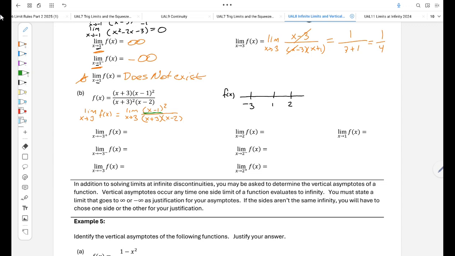That means I need 2 green plus or minuses for that x minus 1. Numbers less than 1 are going to make it negative. So I'm going to put 2 green minuses in that section because we're less than 1. And then I put green pluses in all of the sections that represent numbers that are greater than 1.